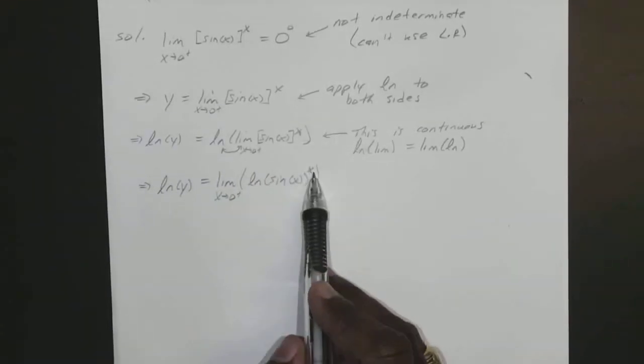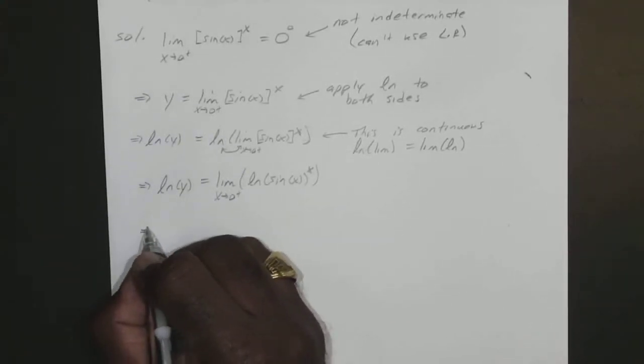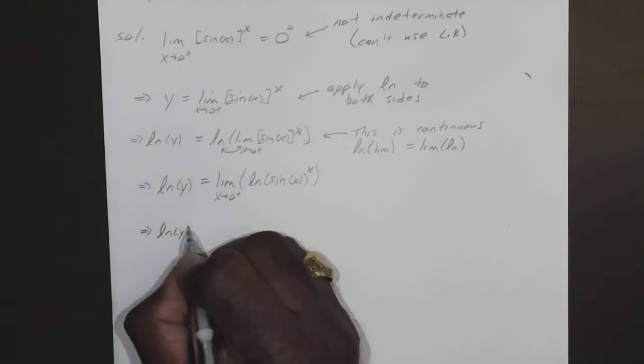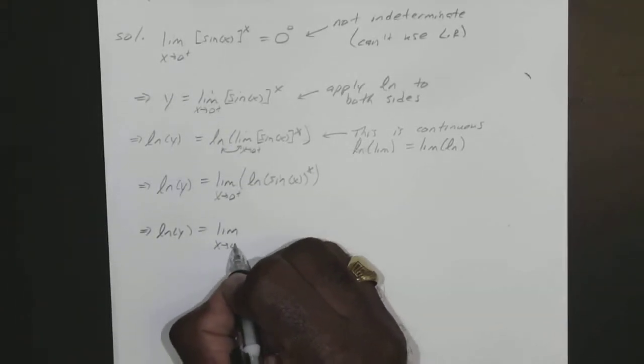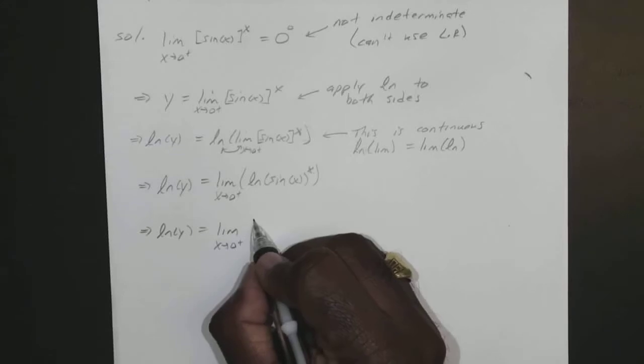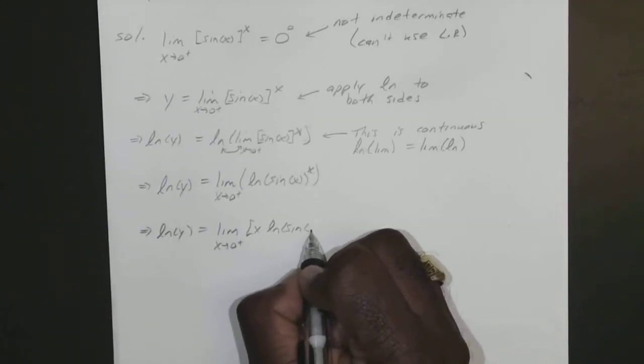Okay, so we know, using our natural log property, that the x can come down to the front. It equals the limit as x approaches 0 from the right of x natural log of sine of x.